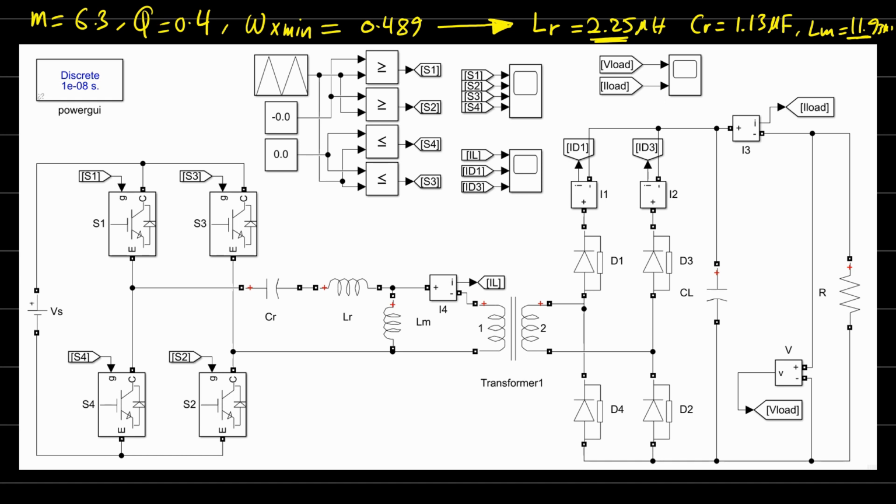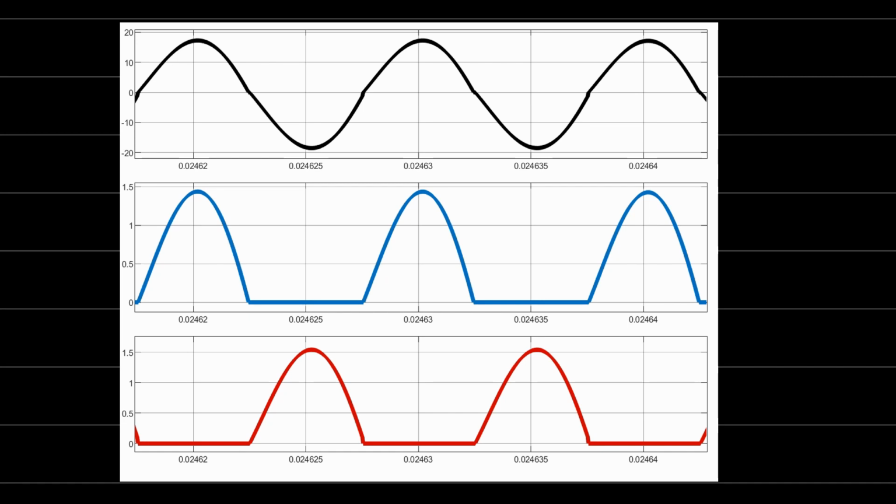If your processor is giving very accurate discrete values, yes, you can operate at any frequency that you want, no problem. But this is not the case most of the time. If you look at the output waveform, this is the value for the current within diode 1 and diode 3.